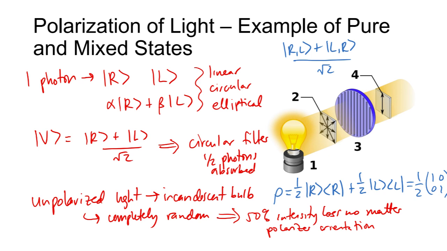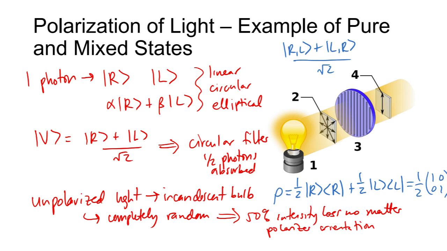If we pass this vertically polarized light through a circular polarizer that only allows R polarized light or L polarized light through, then half of the photons would be absorbed in both cases.